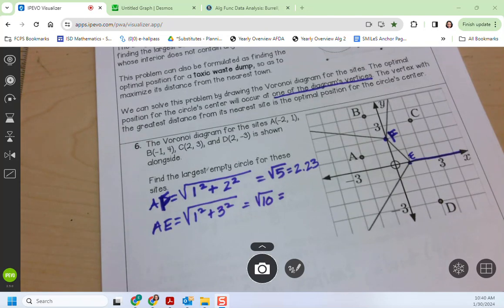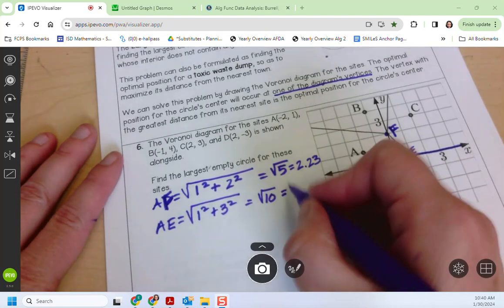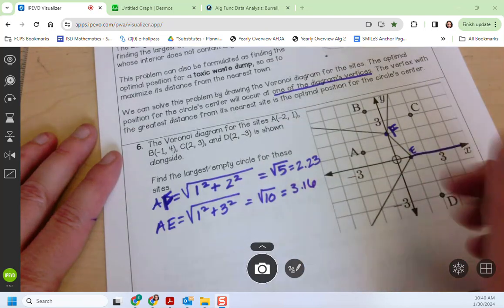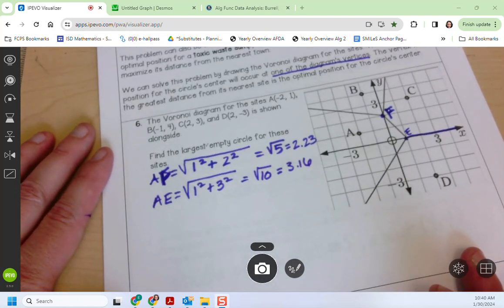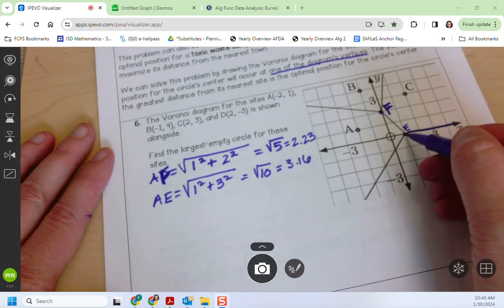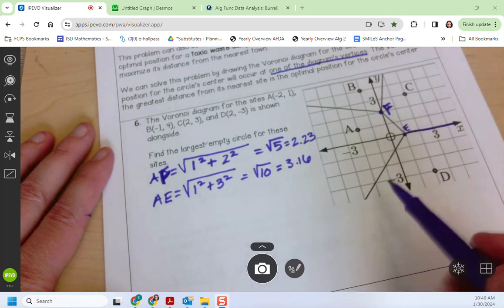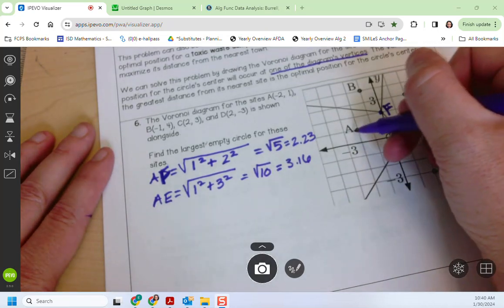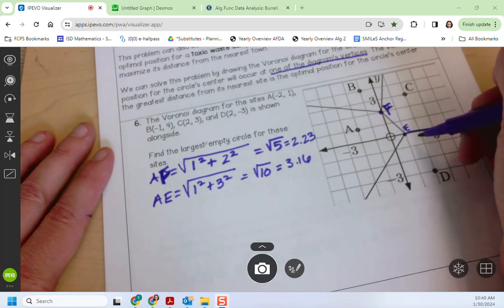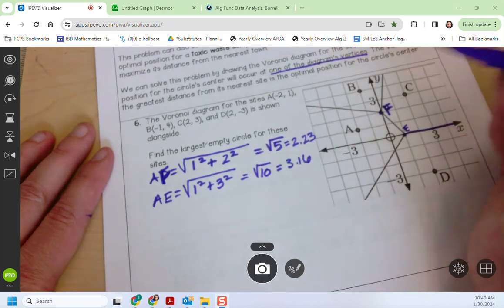More than root 5 for sure. 3.16. Okay. So which of these will be farther from one of the sites, E or F? E. So E is farther from the sites just by doing Pythagorean theorem. 1 squared plus 3 squared equals the square of AE. I get root 10 versus root 5.